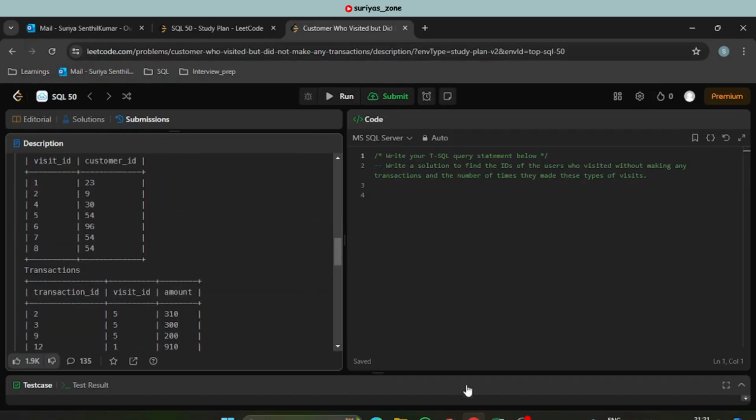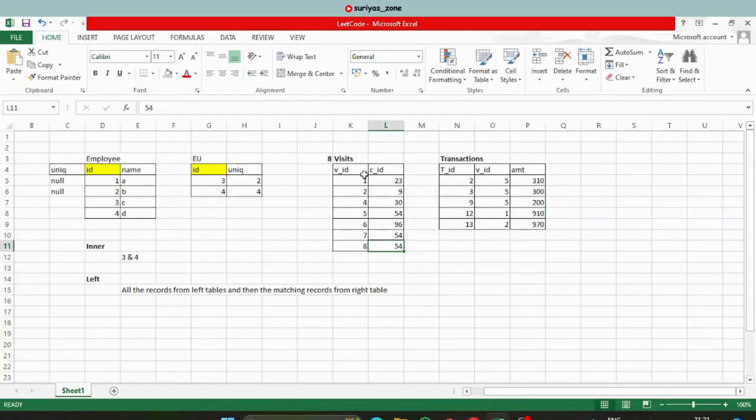Okay, now let's see the example first. Here we have a visits table with visit ID and customer ID, and then a transaction table with transaction ID, which is a unique value, and visit ID, which is a kind of foreign key to join with our visits table. And then we do have an amount as well. Let's take this visits table as our base table.